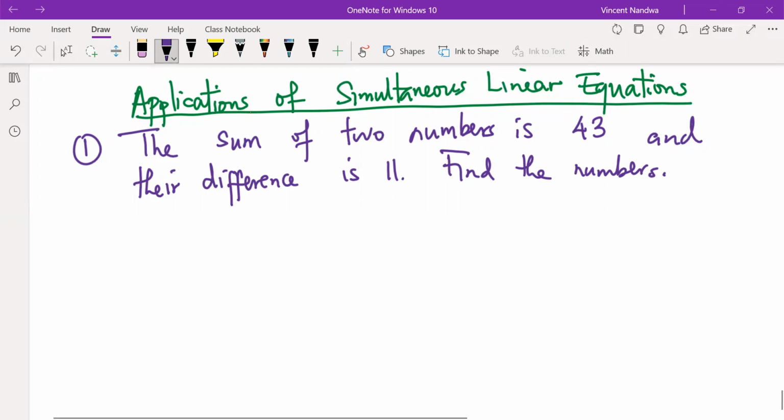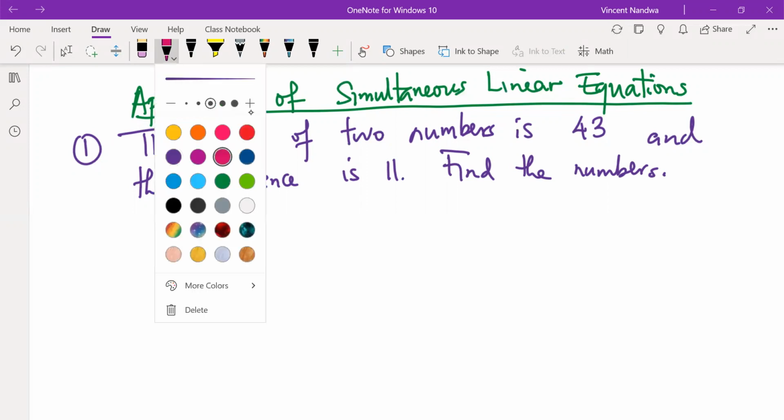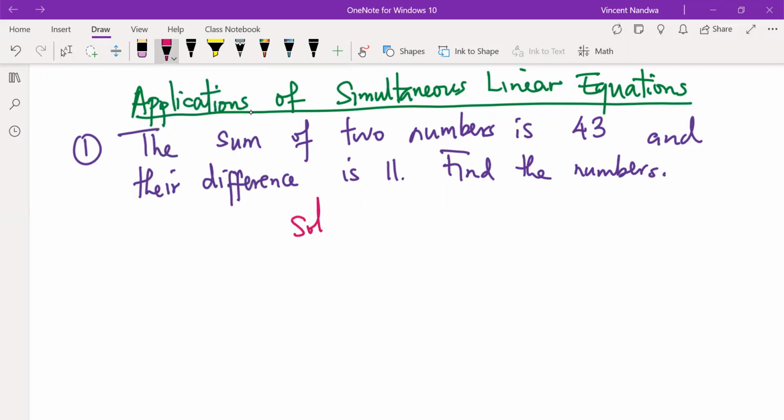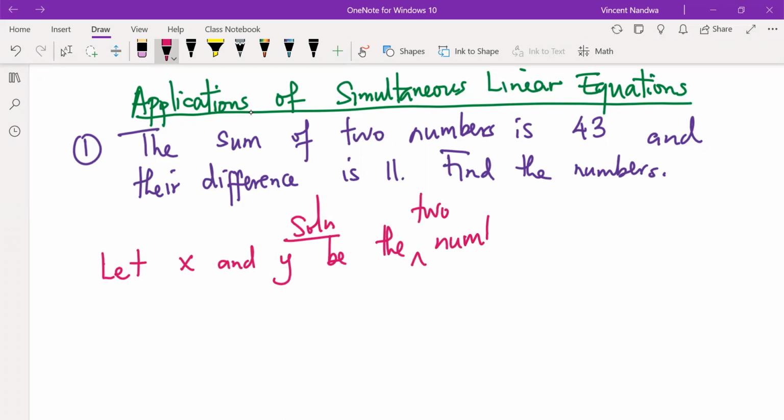Now, to solve this, we say let x and y be the two numbers with x greater than y.